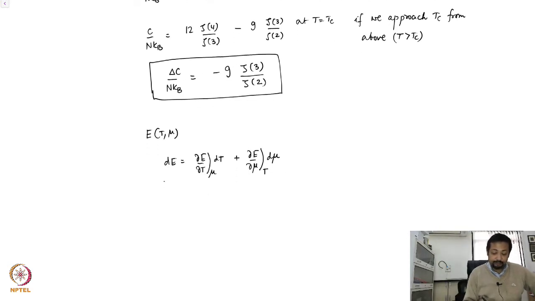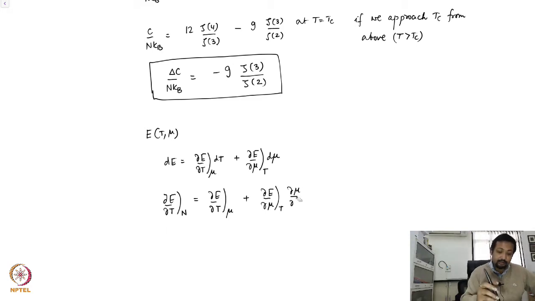Consequently, I have del E del T, this is the specific heat that I'm interested in, with n held constant, is going to be del E del T, mu held constant, plus del E del mu, T held constant, times del mu del T, n held constant.